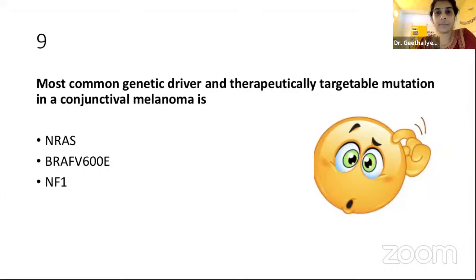Yes, I think this is the right answer. And in fact, the newer medical management for melanoma is based on the inhibitors or the agents which target this.